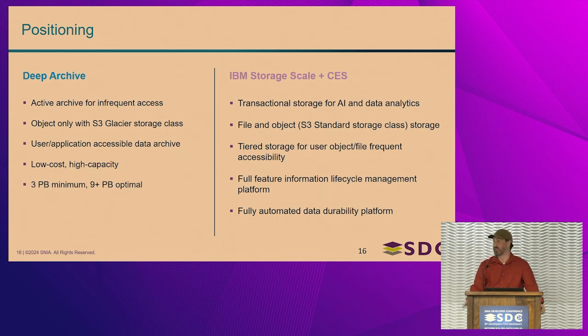It's fully featured, so if you're using Scale, you can have tiered storage, you can have full featured implementation of lifecycle management, and fully automated data durability. So Deep Archive is really designed not to be, like I said, a total tiered solution for your S3 environment. It is made to be specifically the archival tier of your S3 environment. And we're trying to do that to keep users' lives simple.